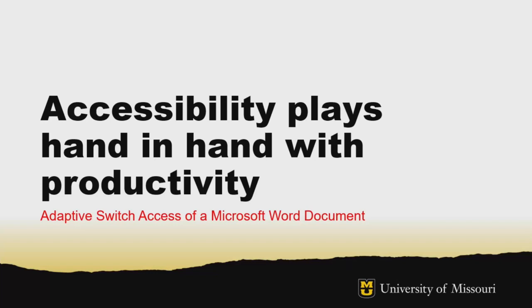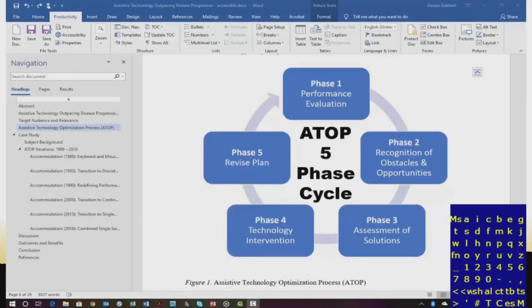Before I hand off to Carmen, I want to show you a quick demo of my adaptive switch access using an accessible Word document. This is a screen capture of one of my 2 displays on my Windows 10 workstation.